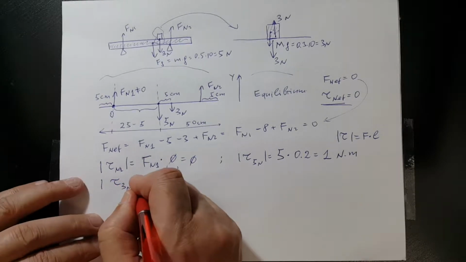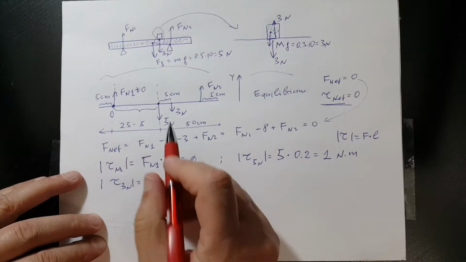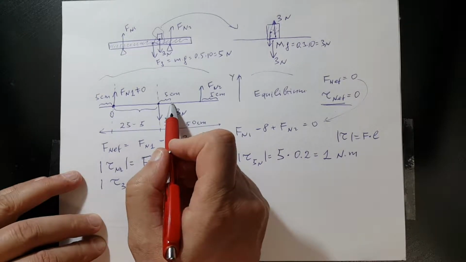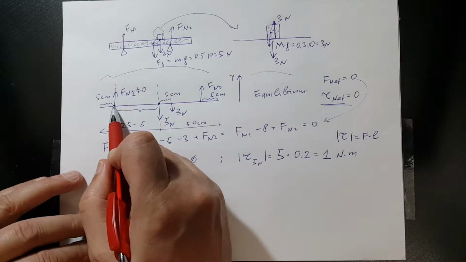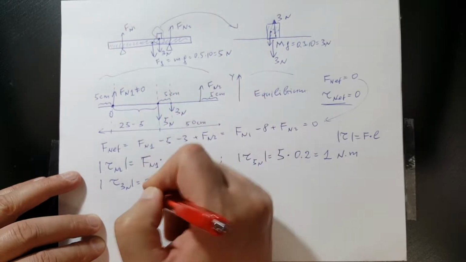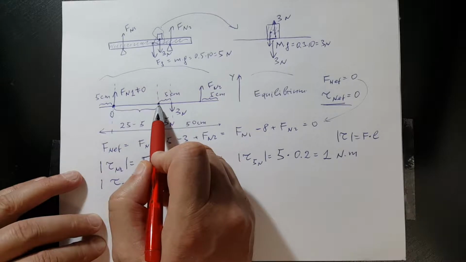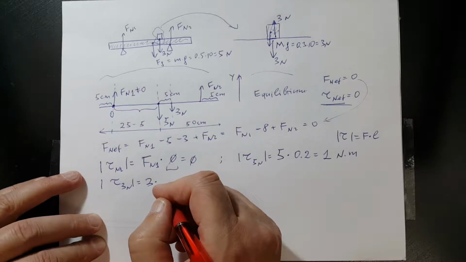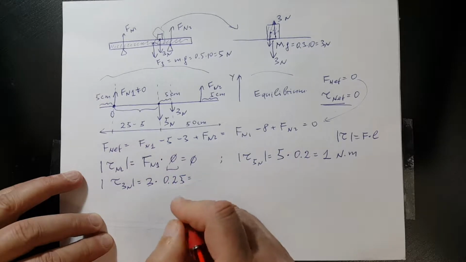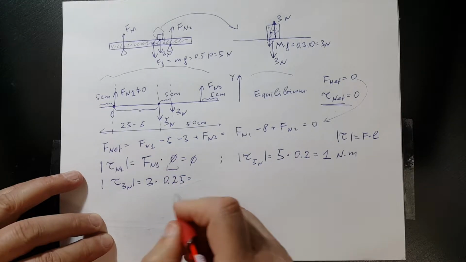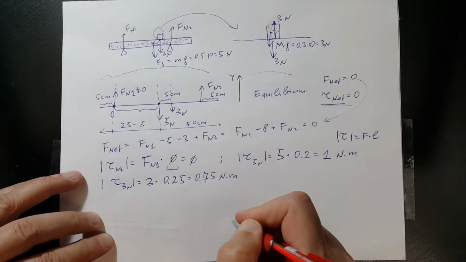Next magnitude. The 3 newton force. The magnitude is 3. Now we need a distance. Which distance? Not this. We have to measure the distance from the same axis to the new line of action. And that's going to be 25 minus 5 plus 5 again. So 25 centimeters or 0.25 meter, or 1/4. 3 over 4: 0.75 newton times a meter.